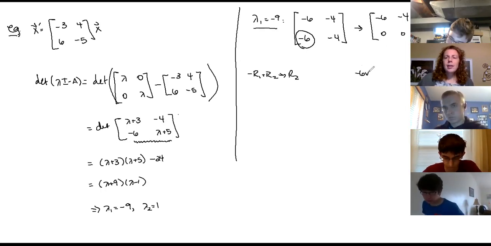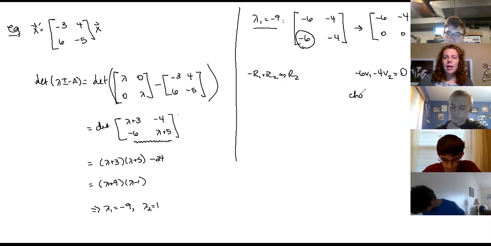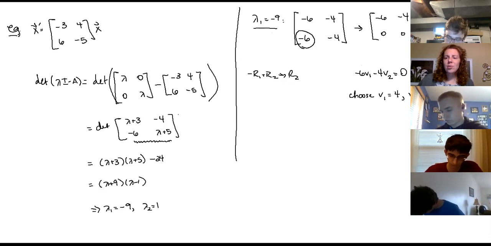That gives me -6v1 minus 4v2 equals 0, remember, the 0 is implied on the right-hand side. I can pick anything I want. Let's choose v1 equals 4, and then v2 needs to equal -6.